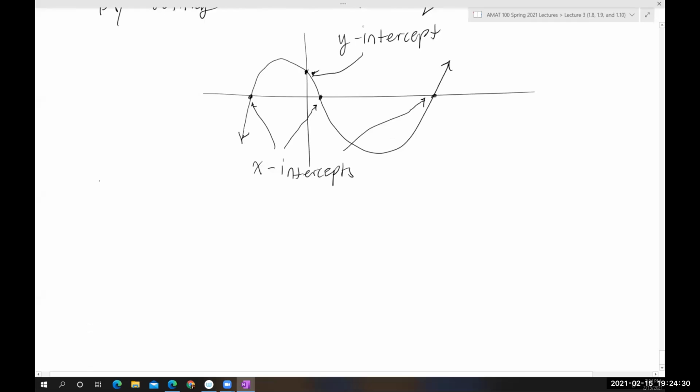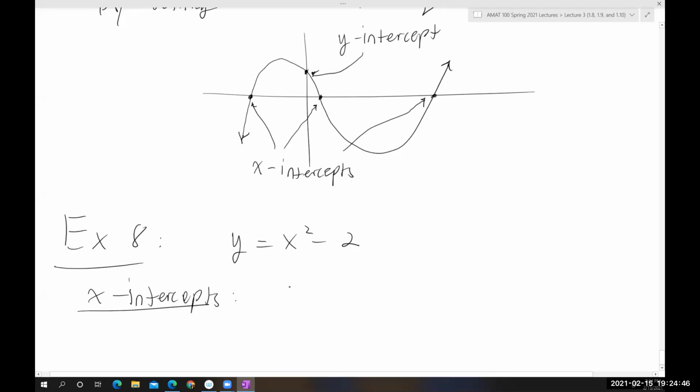So let's look at an example. This is example 8. So we have the equation y is equal to x squared minus 2. We can find the x-intercepts, and how we do that is by setting y equal to 0. If we set y equal to 0, we get the equation 0 is equal to x squared minus 2. And if you solve for x, you put 2 on the other side and take the square root, you'll get x is equal to plus or minus the square root of 2.